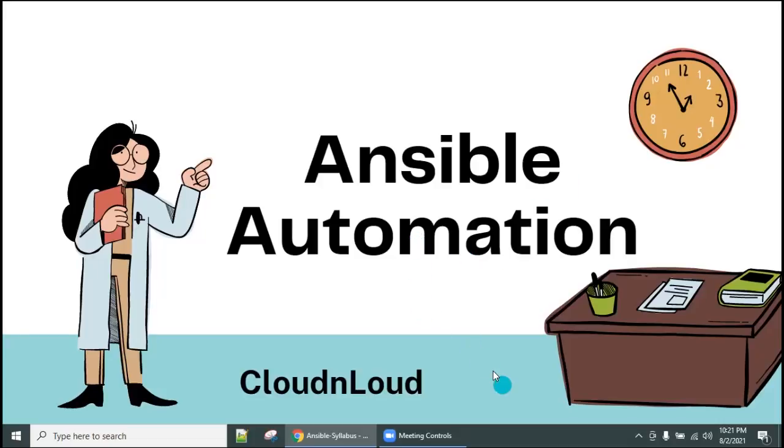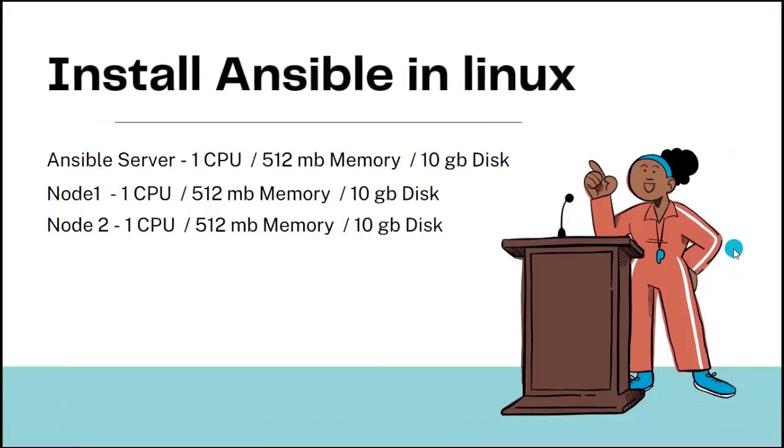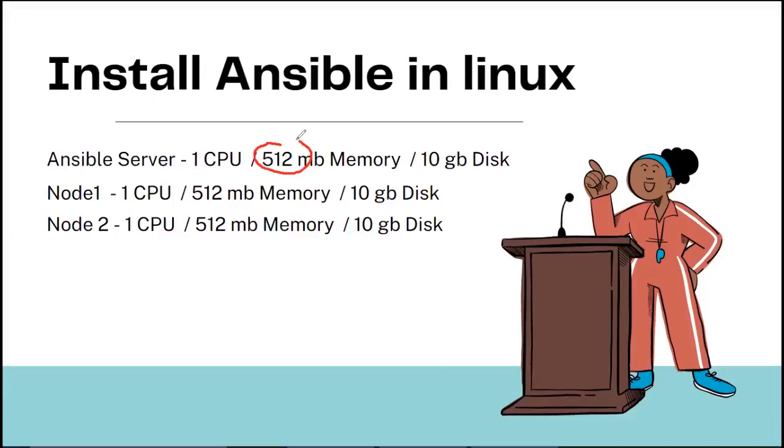So in Ansible automation, what exactly do we need in order to learn? We need 3 virtual machines. Each machine should have 1 CPU and 512 MB RAM.